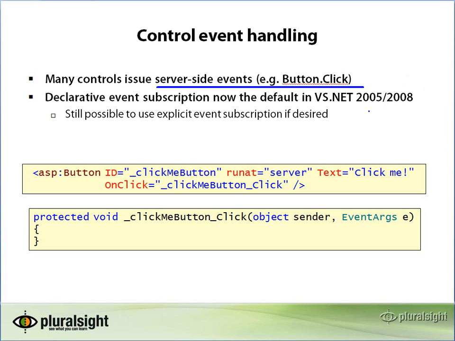As of Visual Studio 2005 and 2008, the preferred model for subscription is to use this declarative model, where you simply go to your server-side control declaration and use the on prefix followed by the event name, and then give it the name of the function you want it to wire up to, and that function must have the correct signature, just like we showed earlier.